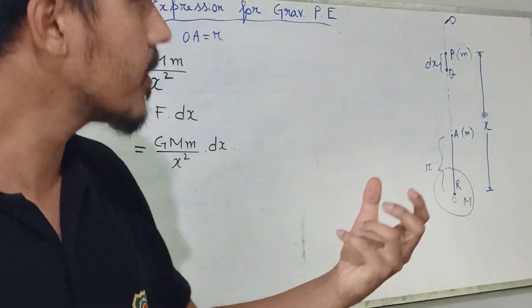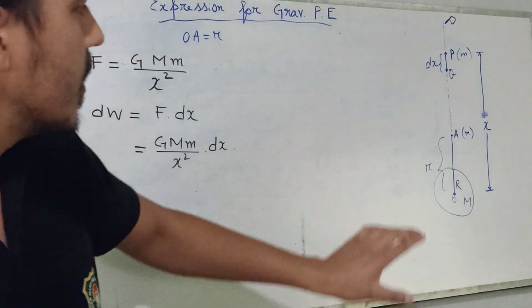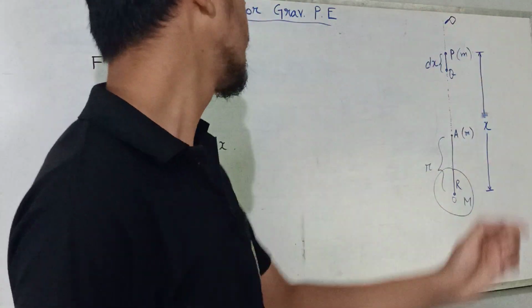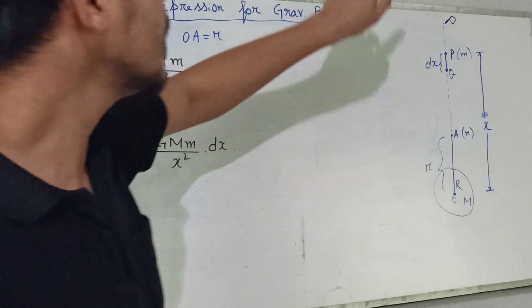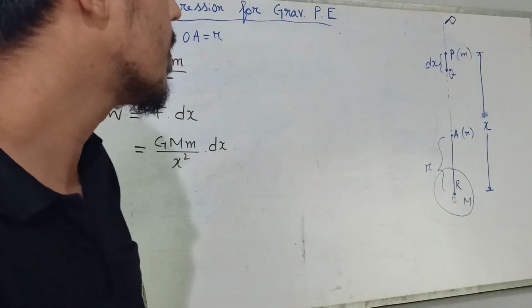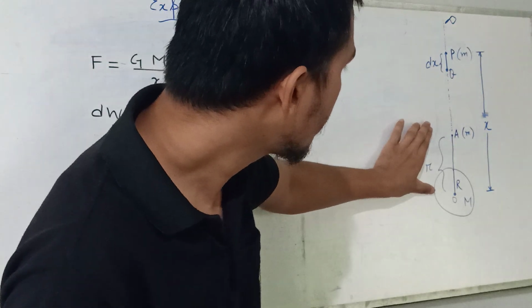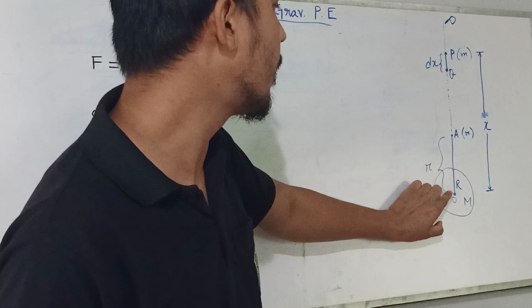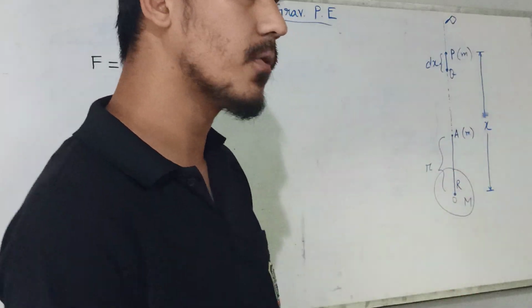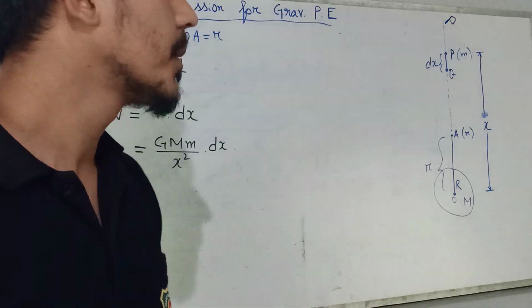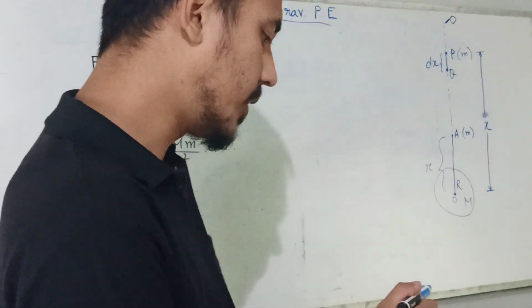So we'll integrate this dw between the limits r to infinity. We are bringing the body from infinity to point A, so we have to integrate it between the limits small r to infinity.